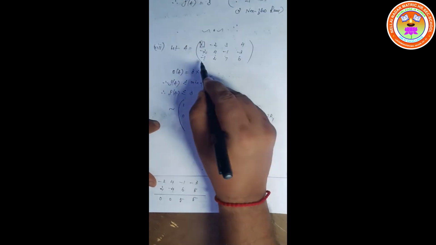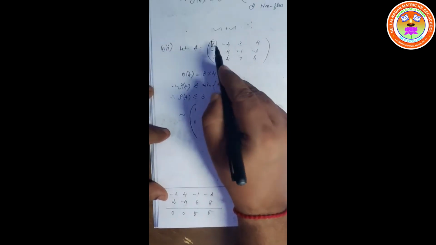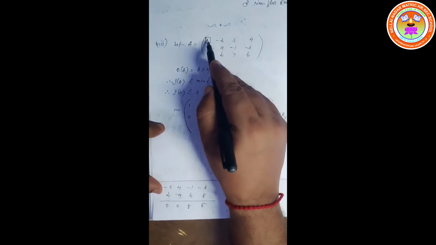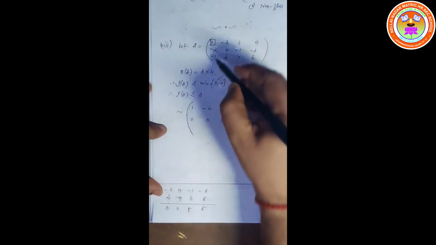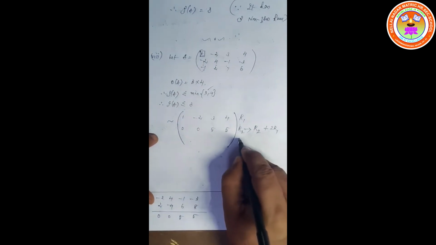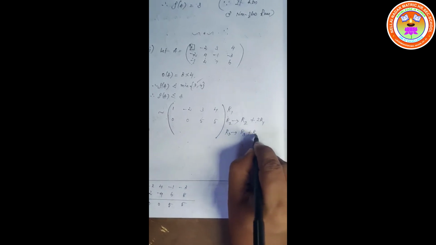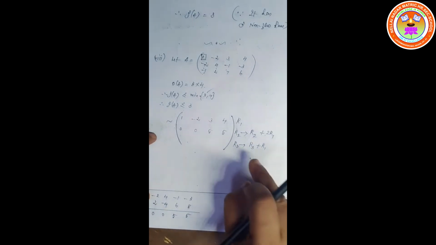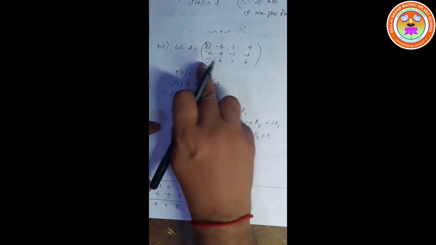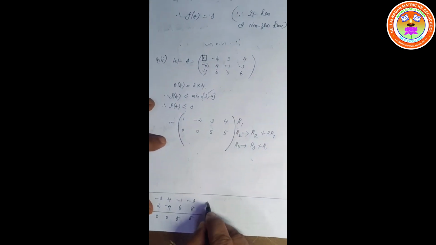Next, this element also has to be changed to 0 using the number 1. So you can do direct addition. Look at that, minus 1 plus 1 is 0. Very easy. R3 implies R3 plus R1, no change of sign. For your reference, I do the calculation over here.